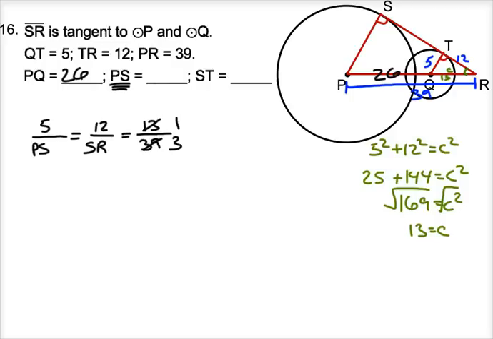So if I cross multiply 5 over PS with my 1/3, I get PS times 1 is PS, 5 times 3 is 15, and I've just found out that PS is 15. Now if I go ahead and cross multiply 12 over SR with 1/3, I get SR times 1 is SR, 12 times 3 is 36. So I know the entire side up here, SR, is 36. If I subtract off the 12, I get that ST is 24.